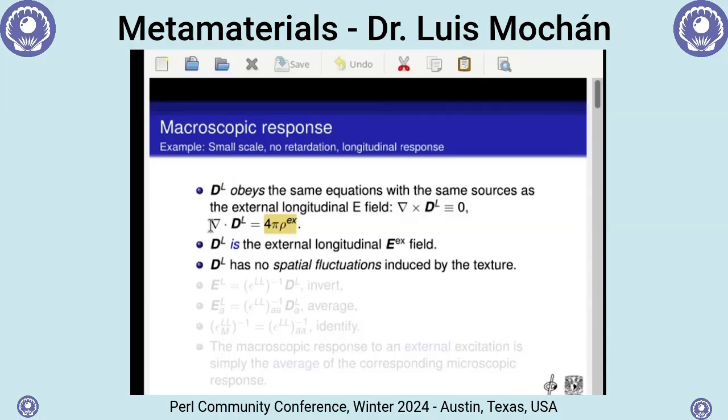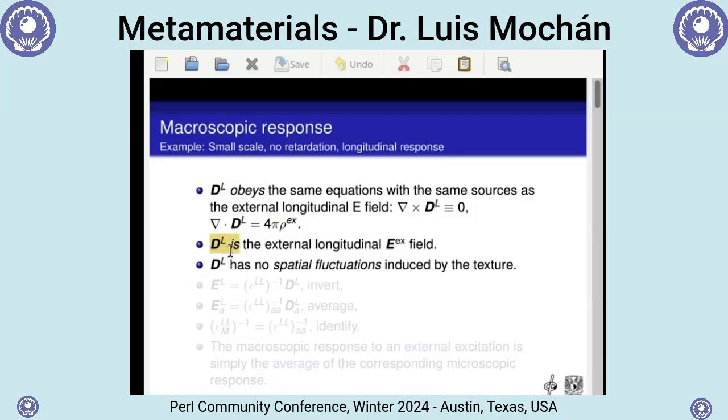So it turns out that the longitudinal part of the displacement, not the full displacement, but only its longitudinal part, obeys the same equations as the external electric field, because in the non-retarded limit, the external field is a longitudinal field, and its divergence is the external charge.